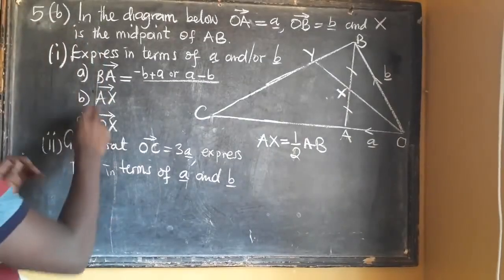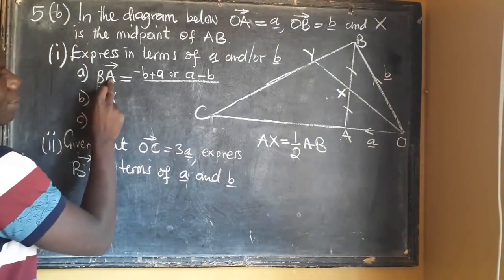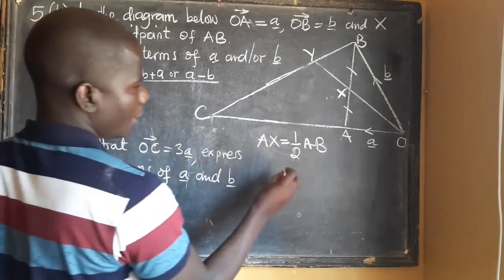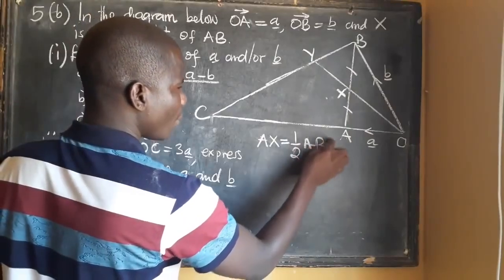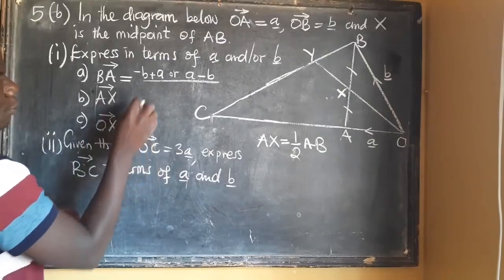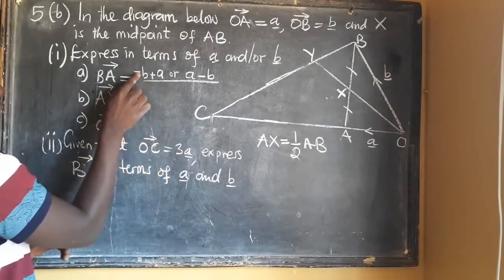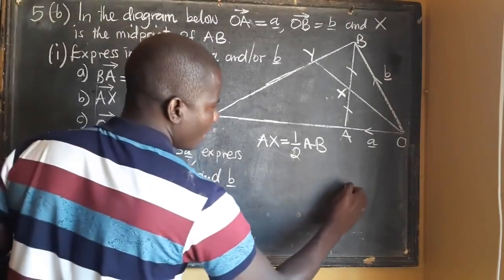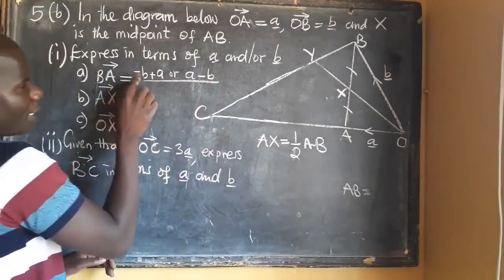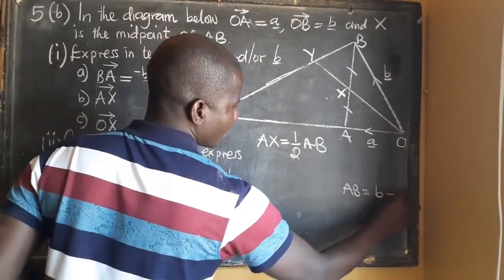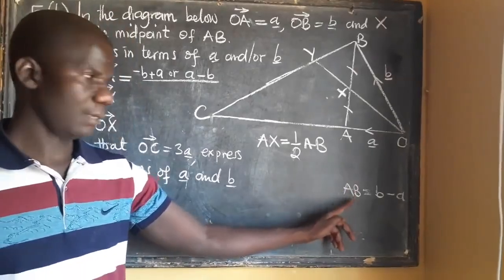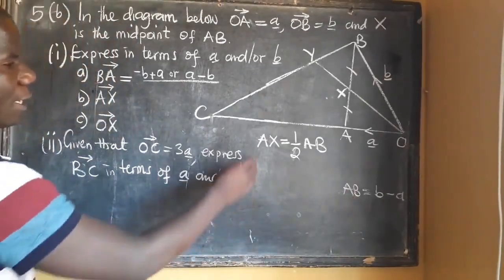Now, when you look at what we have here, this is BA as opposed to AB. So in order for us to have AB, it is going to be the opposite of this one. So AB is going to be equal to, instead of a minus, B minus A. This is our AB.